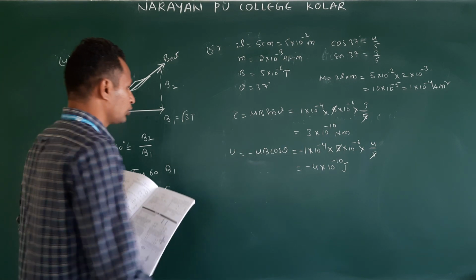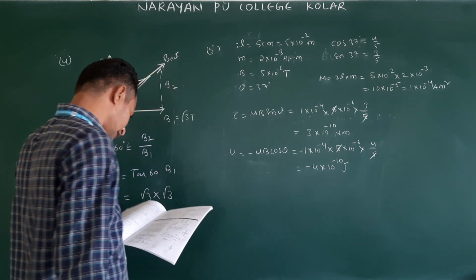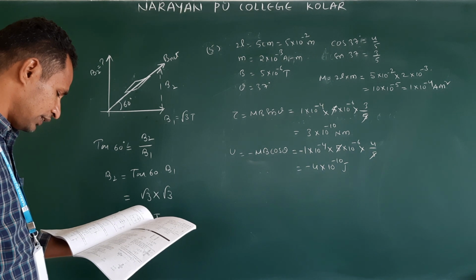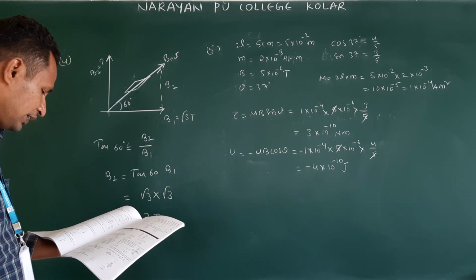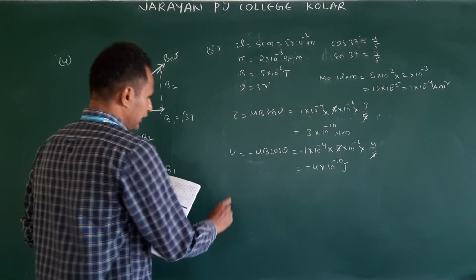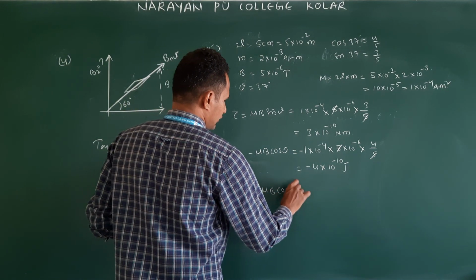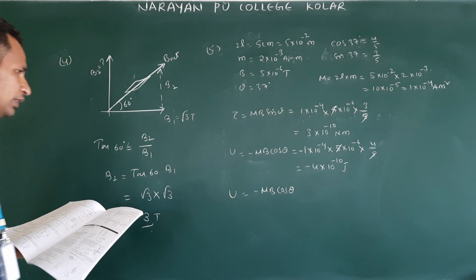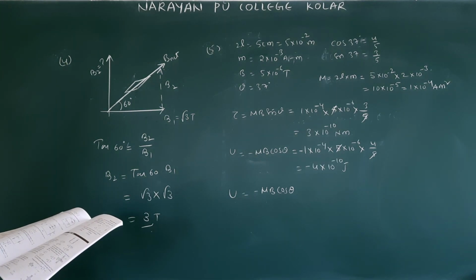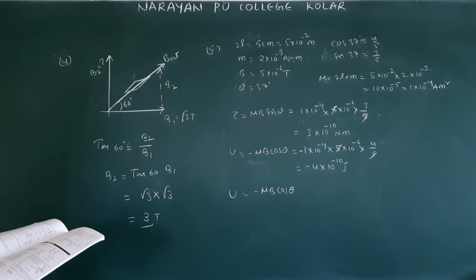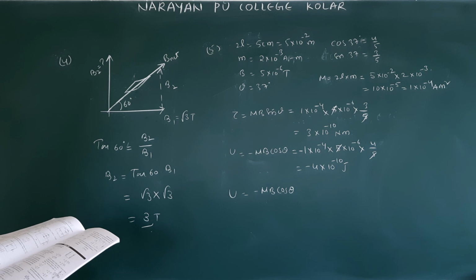So work done, rotate 53 degrees. So again U is equal to minus mB cos theta. Here theta is 53 degrees. So options 1, 2 are correct.